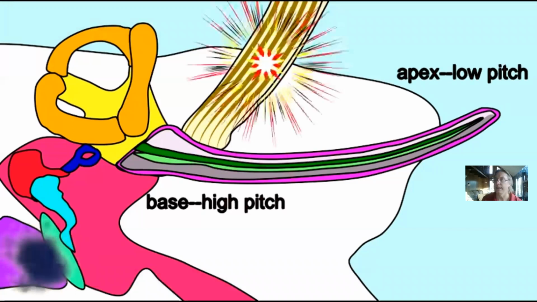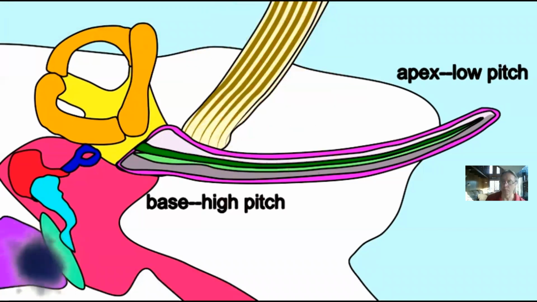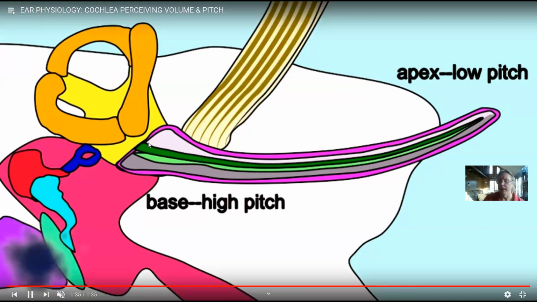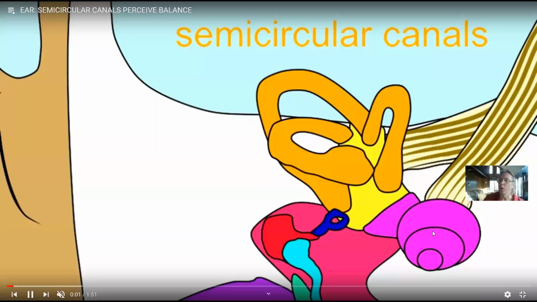And so our brain can distinguish between different volumes based on the number of rows of hair cells, and pitches, high pitch versus low pitch, based on whether the displacement occurs here at the base for high pitch sounds or the apex for low pitch sounds. So it is the cochlea which perceives sound.